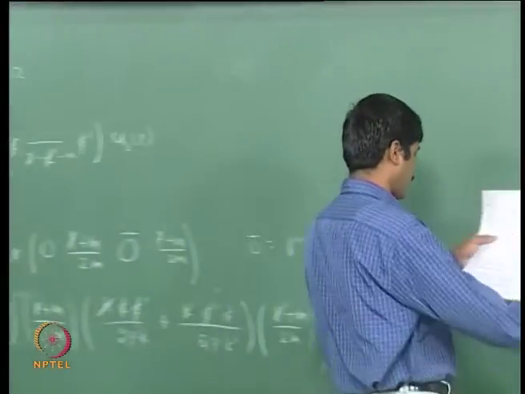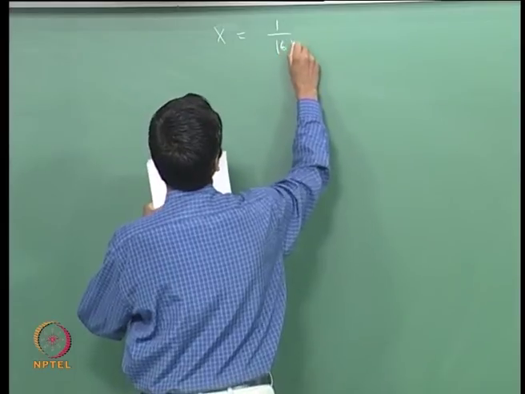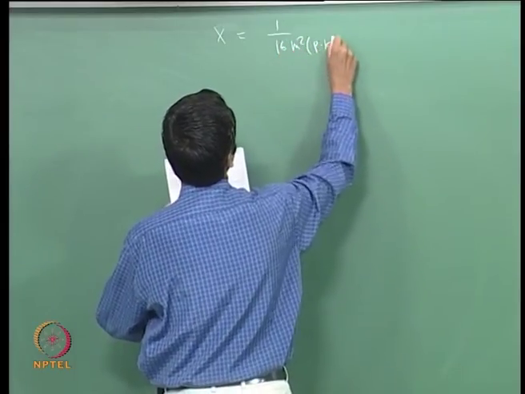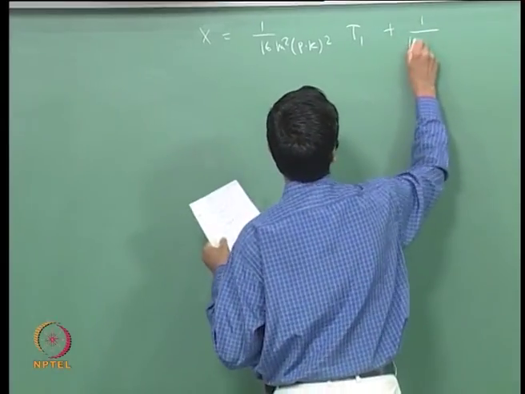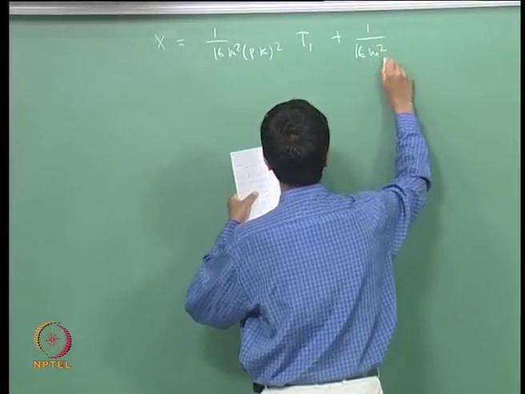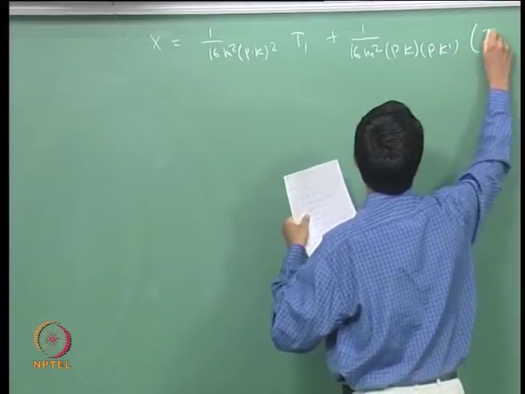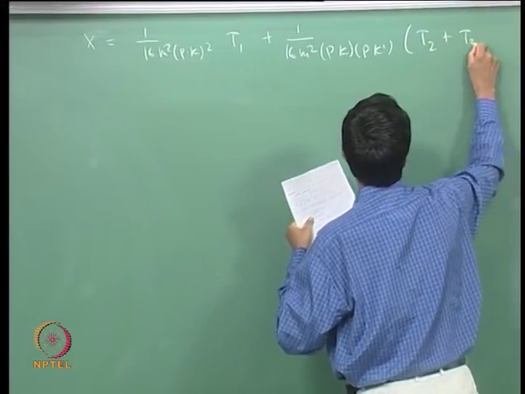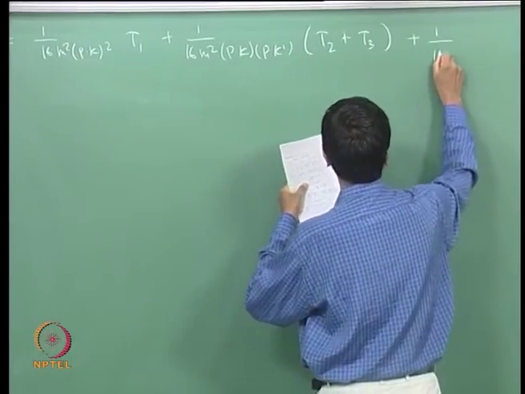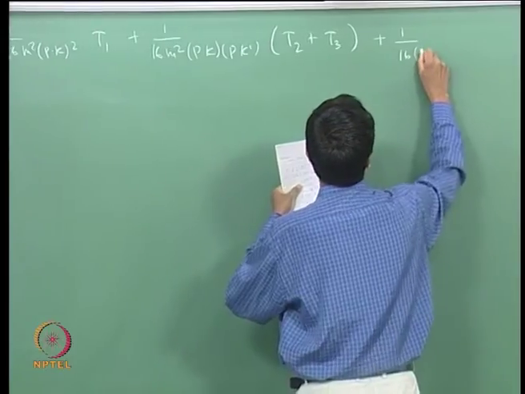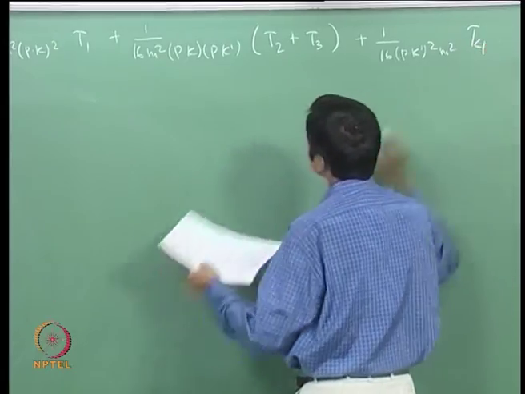I have denoted them as 1 over 16 m² (p·k)² T1 plus 1 over 16 m² (p·k)(p·k′) times T2 plus T3, plus 1 over 16 (p·k′)² m² T4.